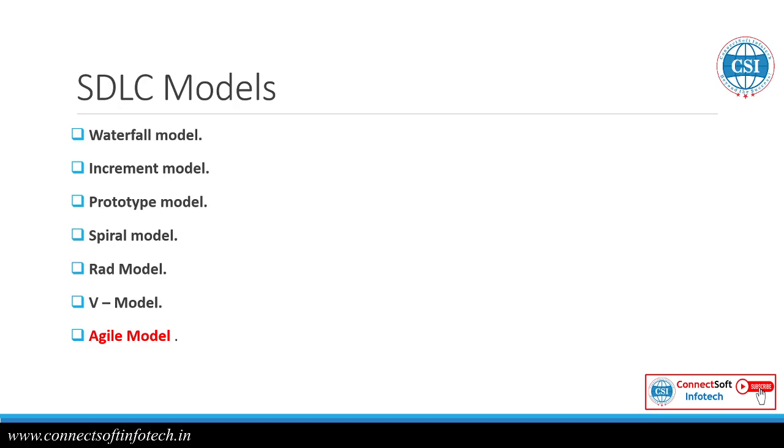The SDLC model has some phases: requirement analysis, designing, coding, testing, maintenance and implementation. The models followed in the IT industry are waterfall, incremental, prototype, spiral, RAD, V model and agile model.